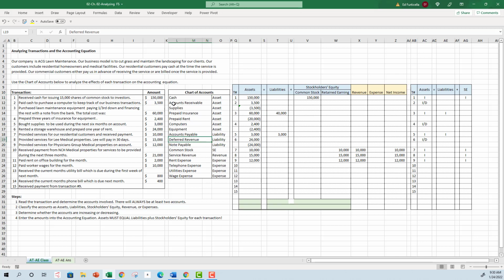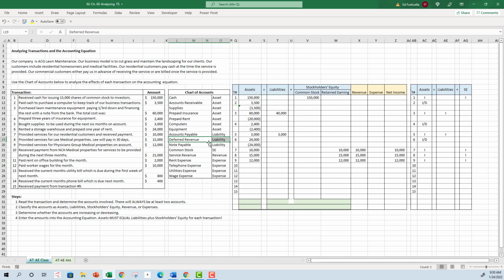The other account involved is deferred revenue. The word deferred means to put off. So we're putting off our revenue to a later date until we've actually performed the lawn maintenance for them. We can't call something a revenue account until we've actually provided the service or done the work.